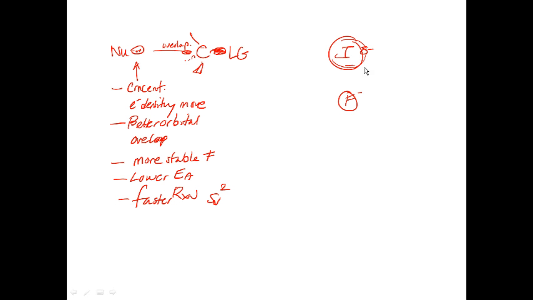So iodine, being more polarizable, is able to make a better overlap with the sp3 orbital of the carbon, and therefore undergoes SN2 much faster. Okay, so that's the idea of polarizability.